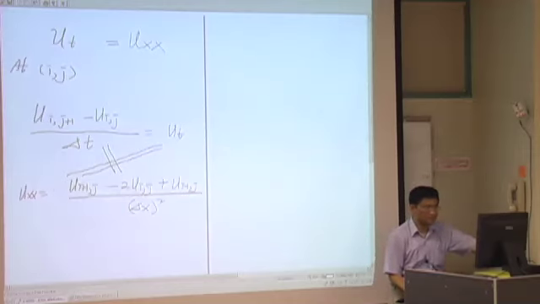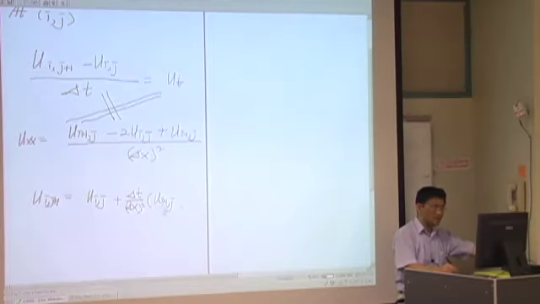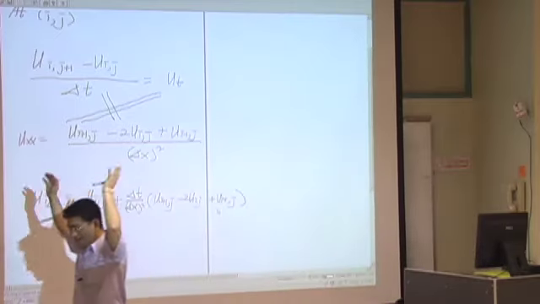So uij plus 1 equals uij multiplied by delta t over delta x squared multiplied by ui plus 1j minus uij plus ui minus 1j. So I don't want to sketch the full domain graph.